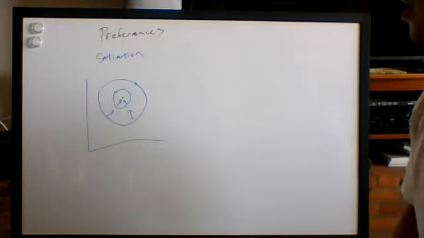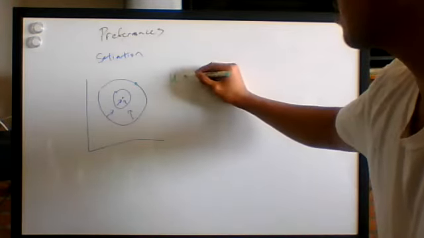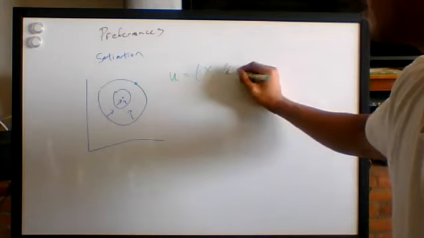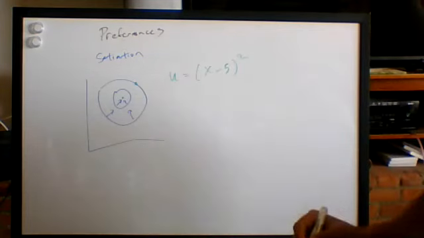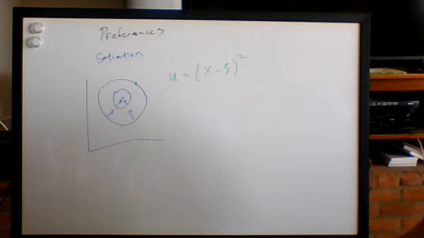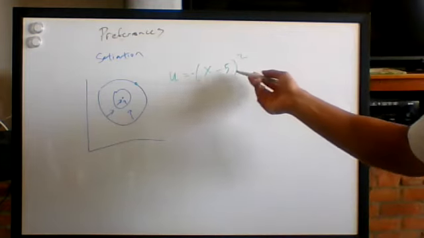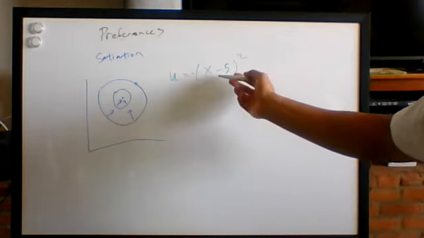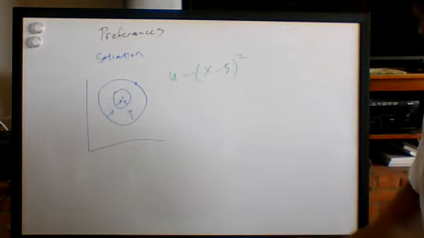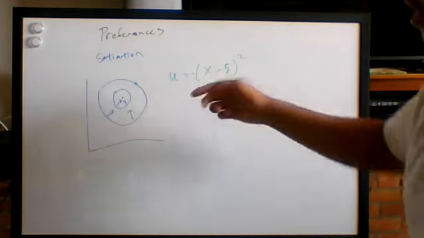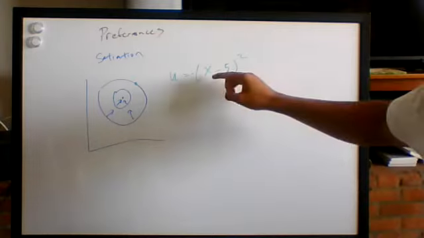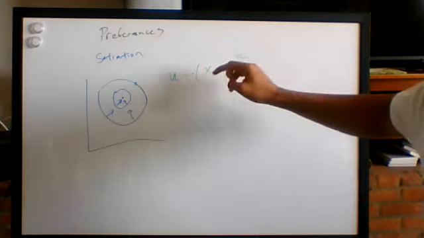Typically, when I see these, the utility function looks something like x minus 5 squared, for example. No, something like this. This is an example of satiation for x, in that because there's a negative sign attached to it, you want this number to be as small as possible.